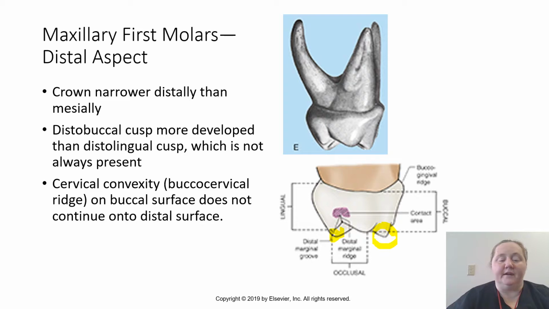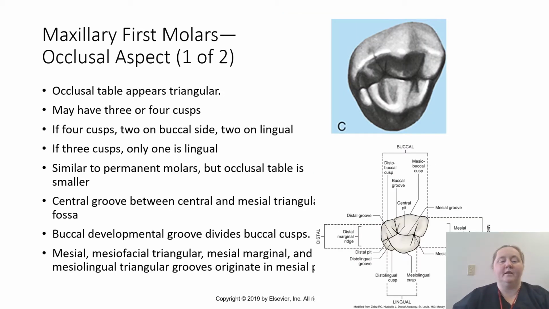There's a cervical convexity, a buccocervical ridge on the buccal surface, and this does not continue onto the distal surface, okay? So here's our ridge right here, okay?